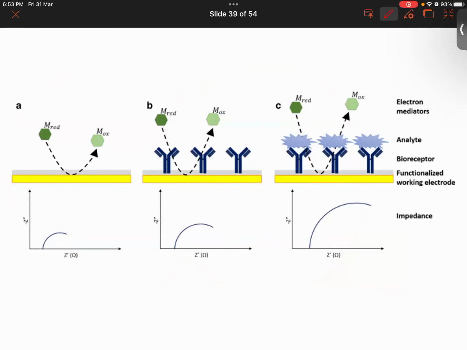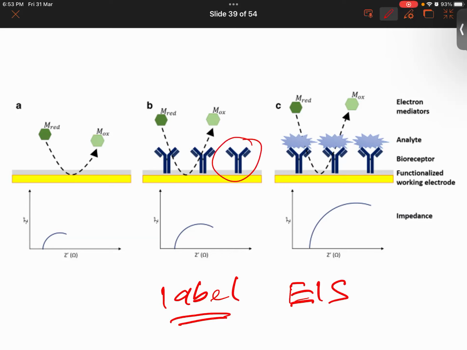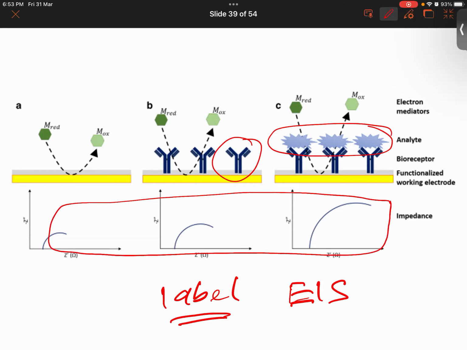So again, if you do not want to use label, there are labelless techniques. We can use EIS again, the impedance technique. So the capture antibody is exposed to the antigen, and you can directly observe changes straight away without using label.